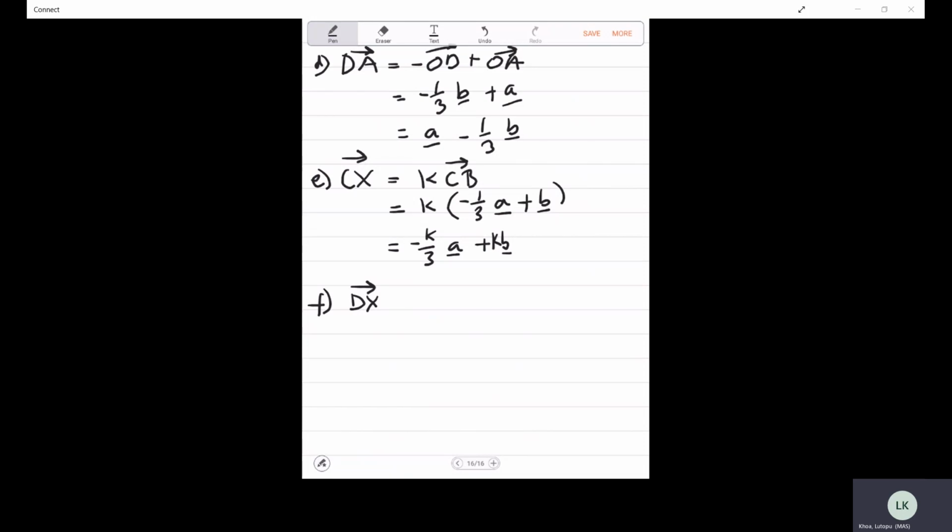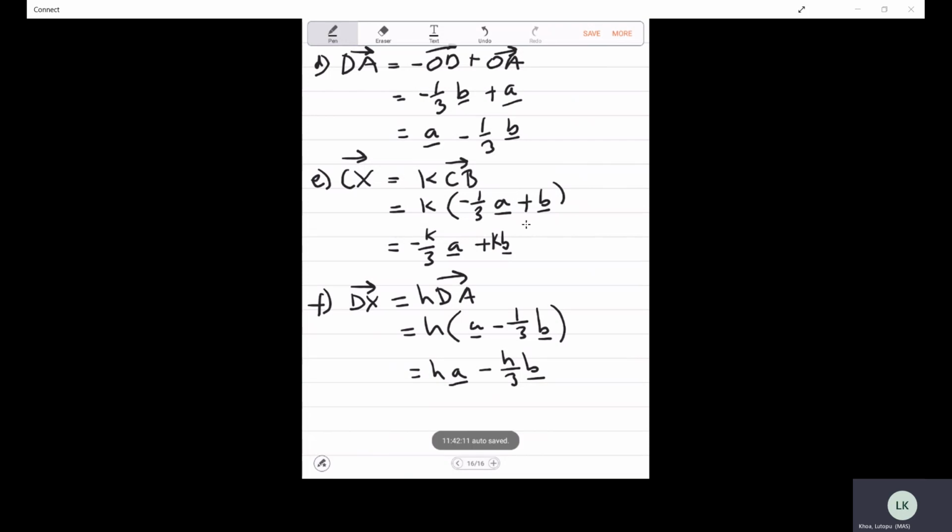So this is H multiplied by DA. It's over here. This is A minus 1/3 B. Okay, so this is HA minus H/3 B. Okay, again, very simple, nothing too difficult there.